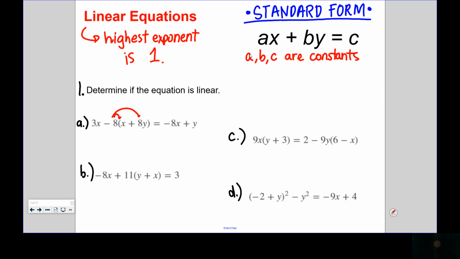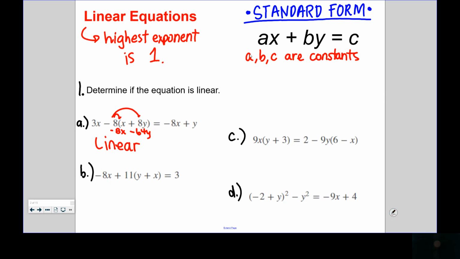This would just be -8x, and that would be -64y. It doesn't change our exponent anywhere, right? I see 2 variables, that's fine. Do you see any exponents higher than 1, or anywhere where we're multiplying 2 variables together? So this is linear. Part A would be linear.